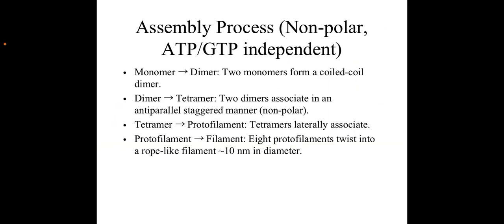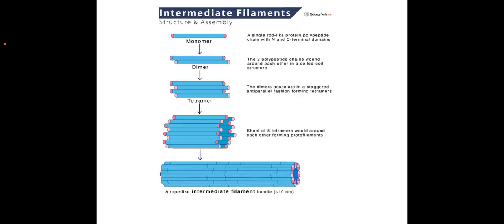If we talk about the assembly process, which is non-polar and ATP or GTP independent, a monomer forms a dimer: two monomers form a coiled dimer. Dimers form a tetramer: two dimers associate in an anti-parallel staggered manner, so the ends are non-polar. They do not have charged ends. Tetramers laterally associate to form the protofilament, and protofilaments further form twisted structures, a rope-like filament approximately 10 nanometers in diameter.